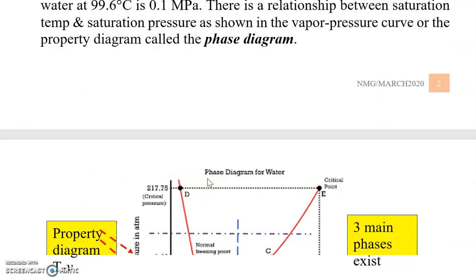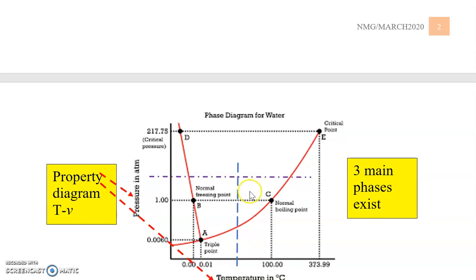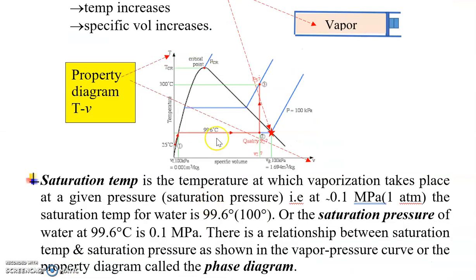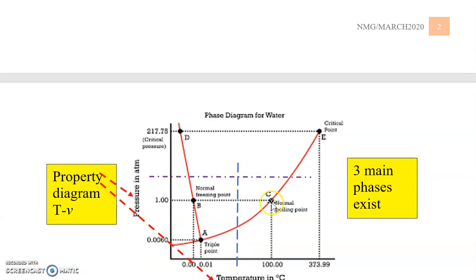So you can look at another property diagram, the PT diagram. What you see as a line here is actually just a point.